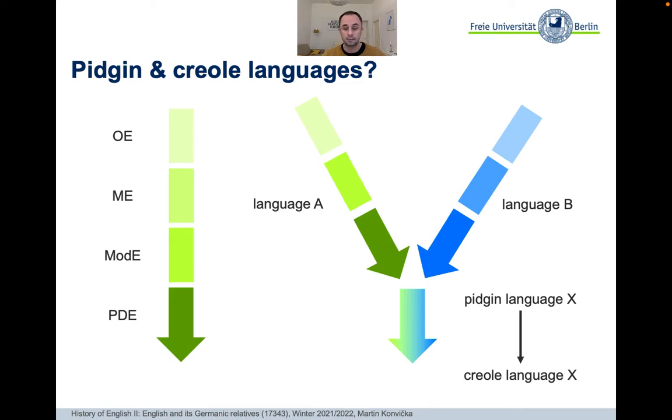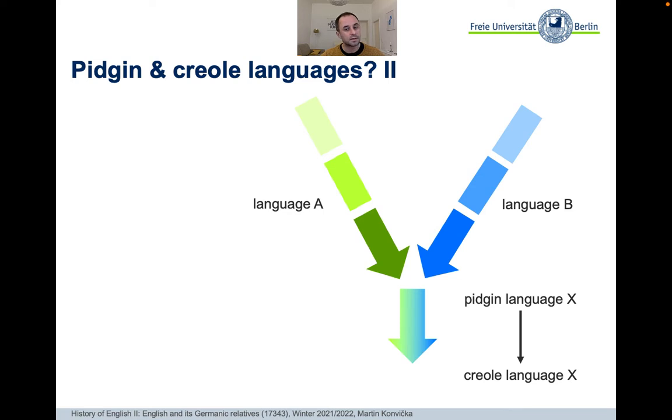So a Creole language is basically a Pidgin language that has reached such a stage that it already has native speakers. This is the basic difference between Creole languages and non-Creole languages.